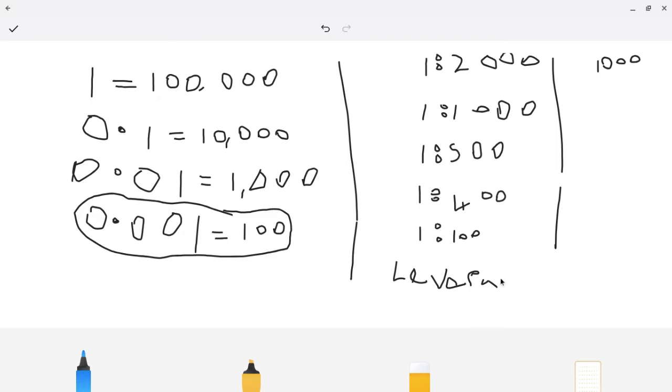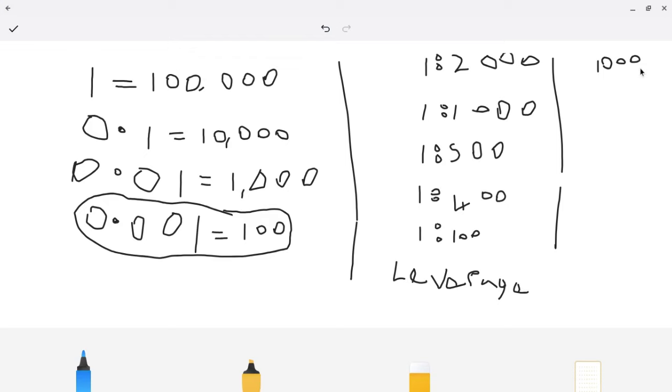I don't want to make the video too long. Now, this is the leverage. Now, what am I saying here? I have $1,000 with me now. That's what is in my account balance.